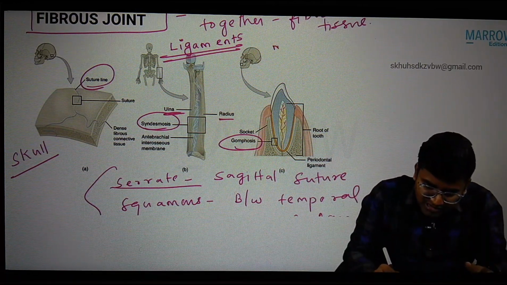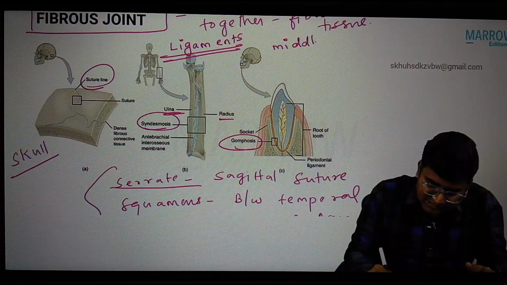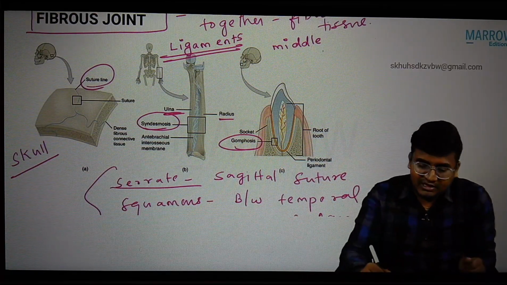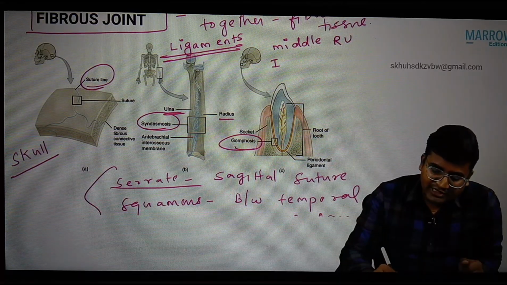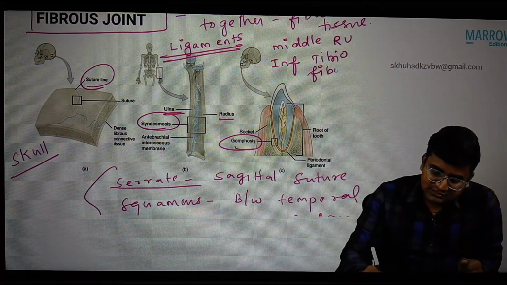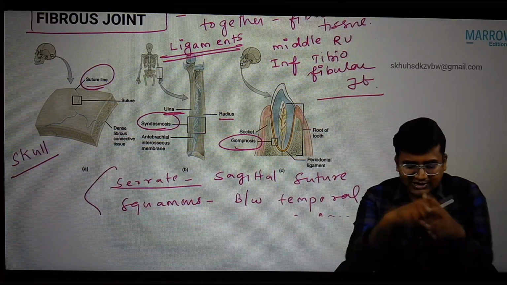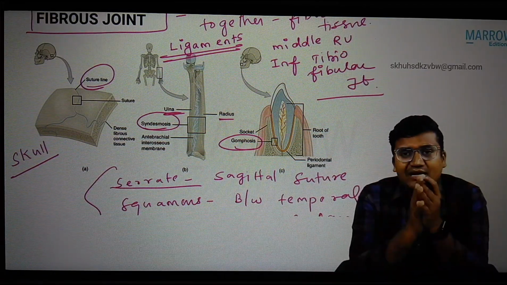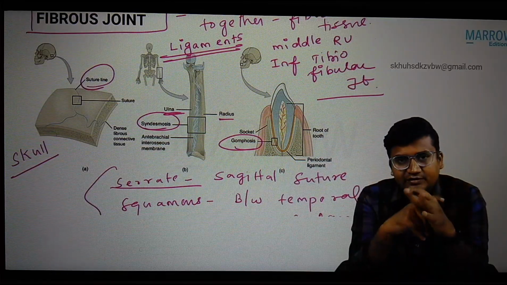Number one, middle radioulnar joint. The radius and ulna bones, middle part, are connected by means of interosseous membrane. And the second, inferior tibiofibular joint.